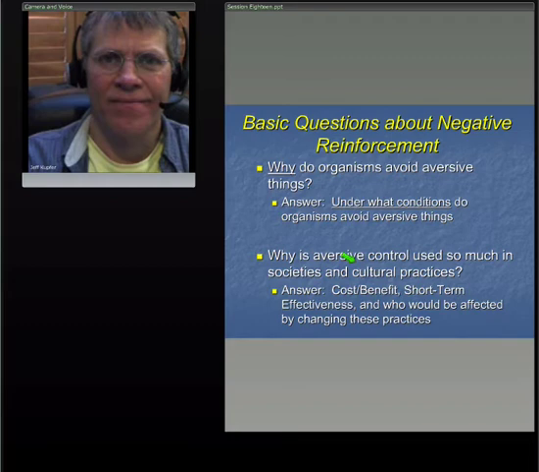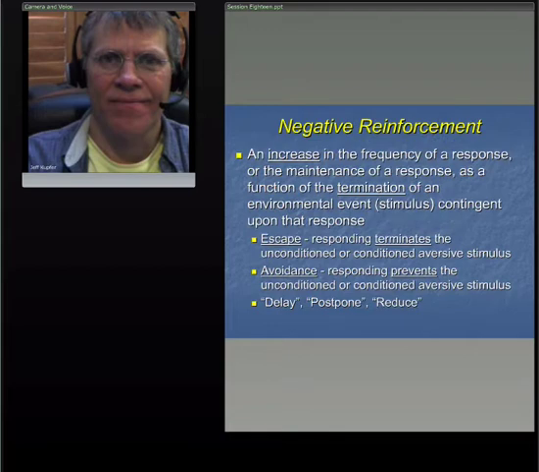However, that does not necessarily mean that aversive control is the method to use in our culture, and I would refer you to read some of the material in Pearson Cheney, in particular, by Murray Sidman, where he talks about coercion and its dangers. Murray Sidman, who we'll actually talk about shortly when we get to the Sidman avoidance procedure, was one of the strongest advocates for not using aversive control in our society. He wrote a book called Coercion and Its Fallout. Highly recommended. It's a great book to have in your behavioral library.